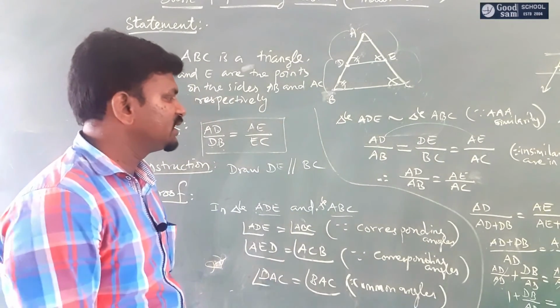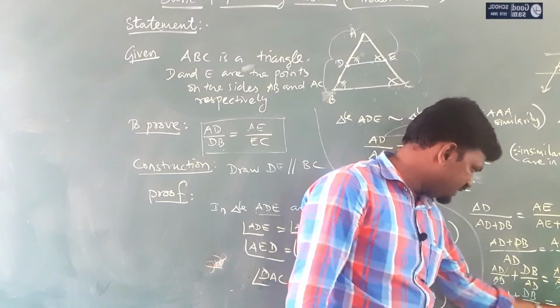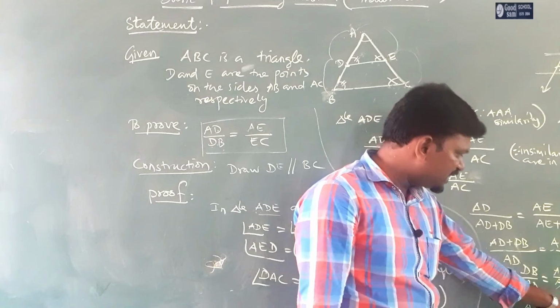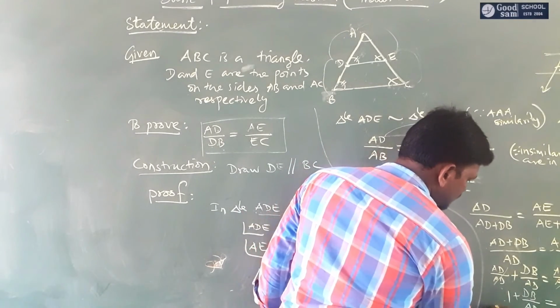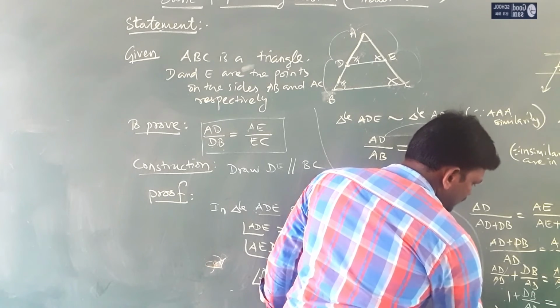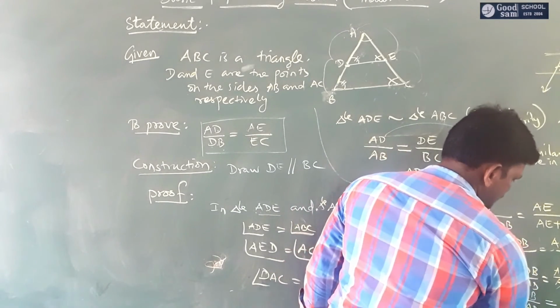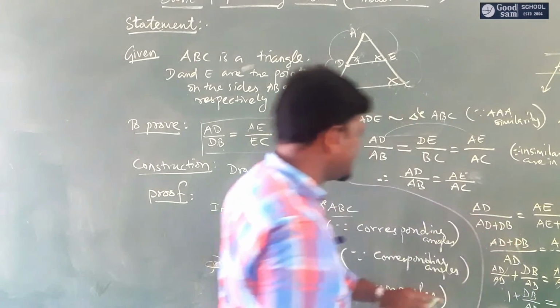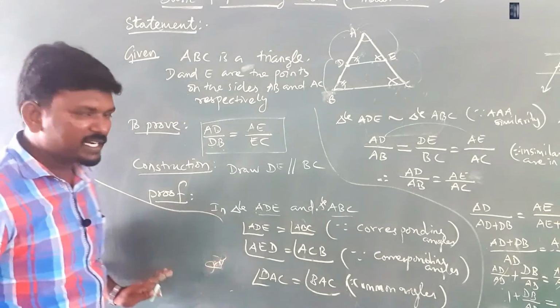Okay, now we can eliminate. If we add 1 on both sides, we can likewise subtract 1 on both sides. So this implies DB by AD is equal to, I will write it here because there is no space.